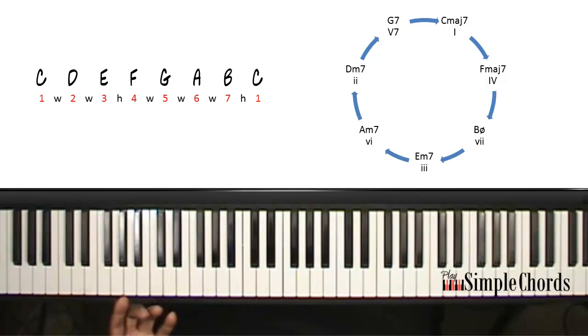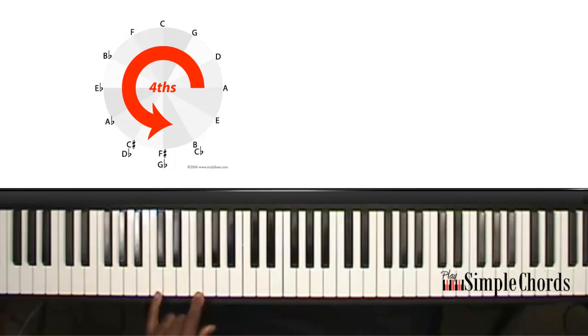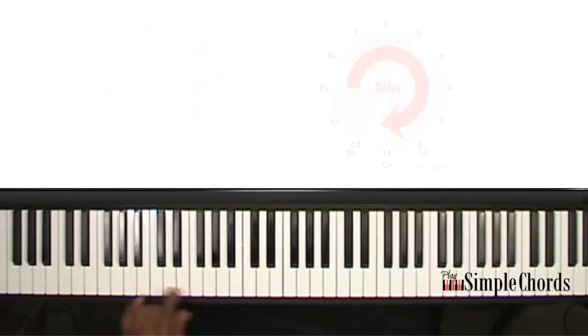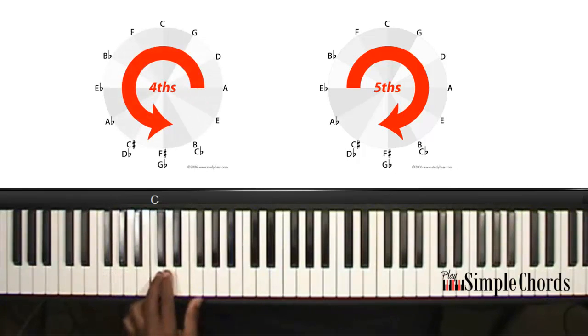So if you're looking at a normal circle of fifths chart, if you go in fourths, which is the opposite direction, again, if you're going in one direction, you'll go in fifths. If you go in the other direction, you go in fourths.